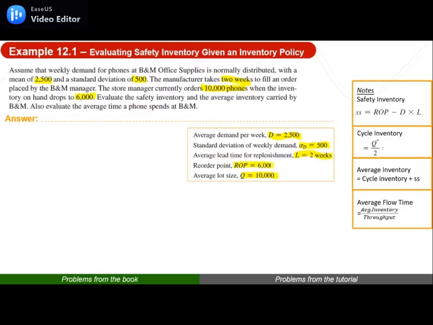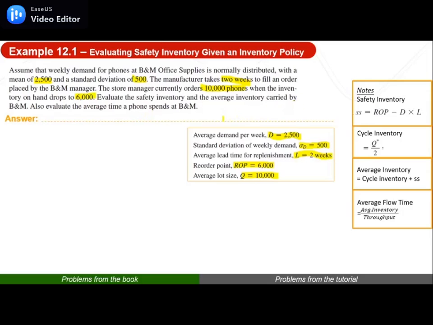When the inventory reaches 6,000, B&M will place an order. In this problem we need to evaluate the safety inventory and the average inventory carried by B&M. Also, we need to evaluate the average time a phone spends at B&M.